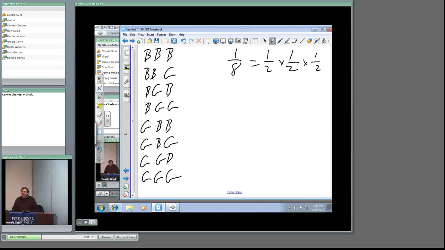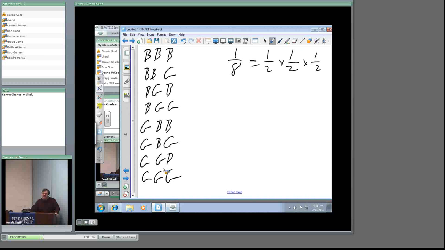3 girls, same thing. You've got to get a girl, and a girl, and a girl. Or again, only one of these ways is going to give you 3 girls.